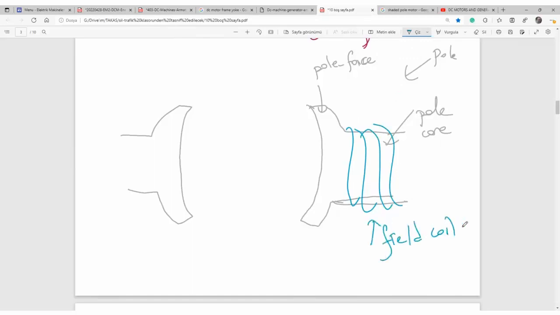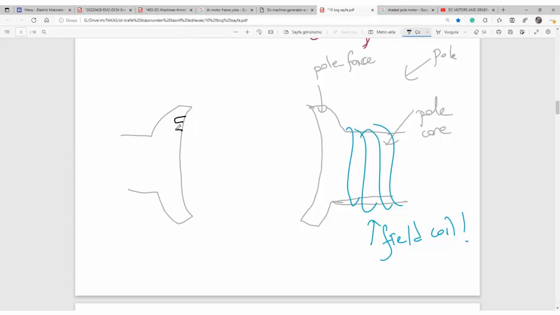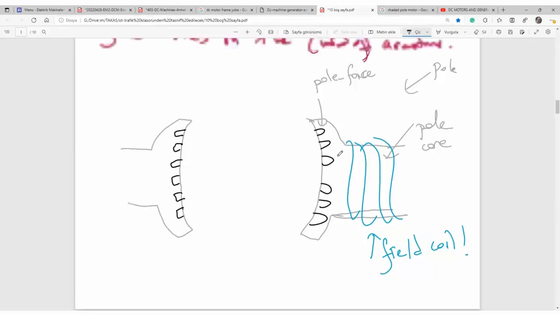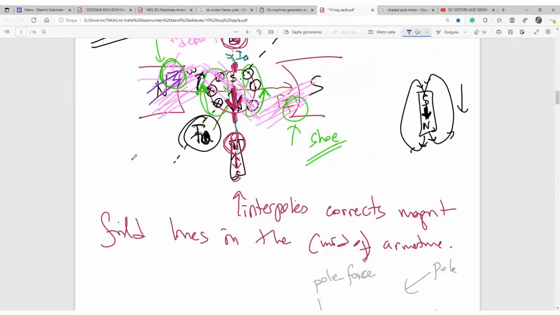Okay, ladies and gentlemen, there's a new design, a better design. Here are tiny slots. There are even number of slots. Let's say 6 here and 6 here. And the reason is here. Magnetic field lines reverted here.